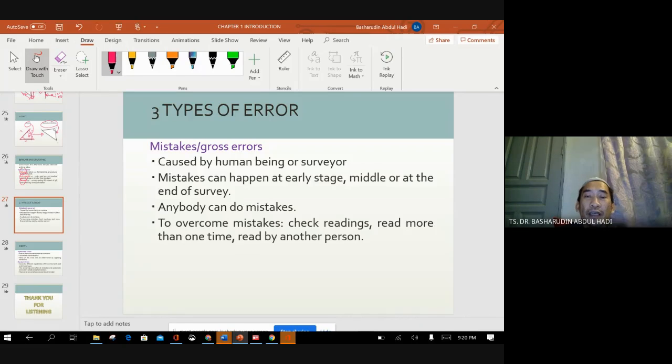To overcome mistakes, check readings, read more than one time, read by another person. This one I already told you on site. Check reading, make sure level. Baca dua kali, read more than one time. And if you are not really sure, first you read twice, then call your friend to read twice and compare the results.